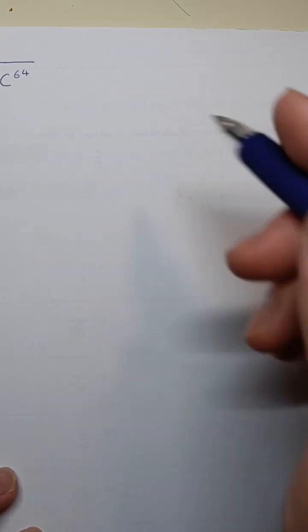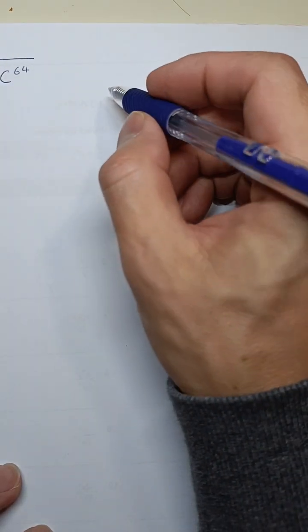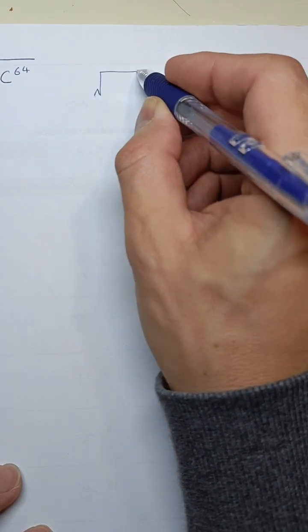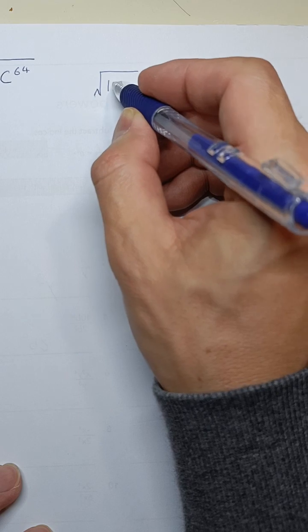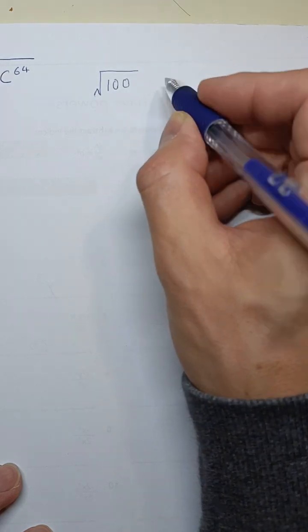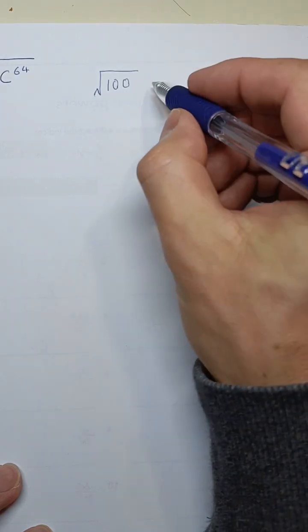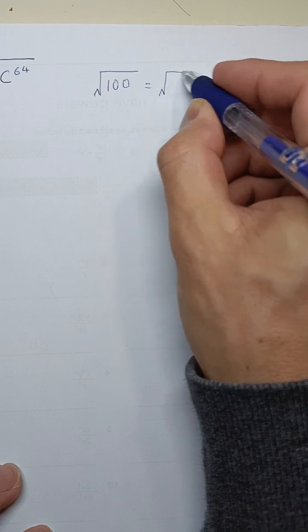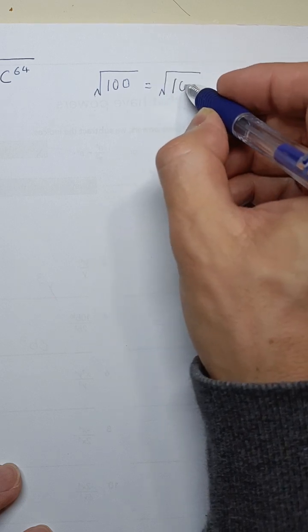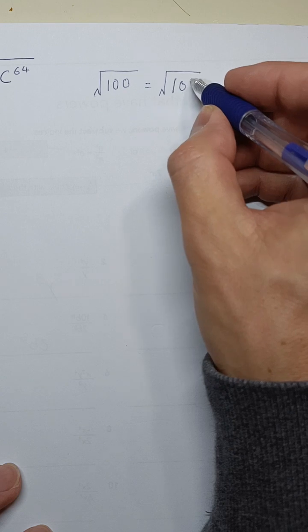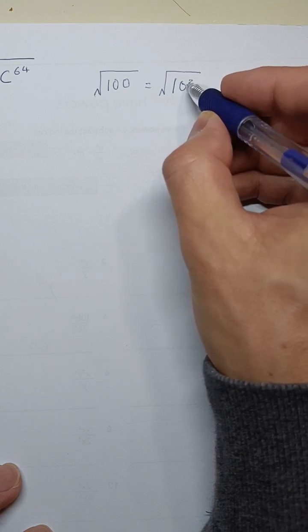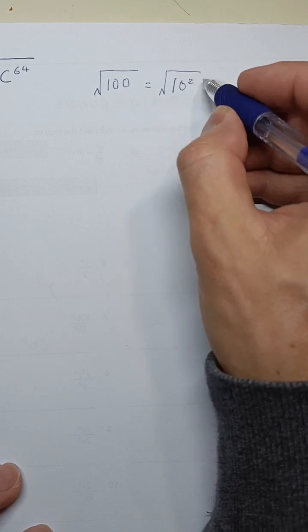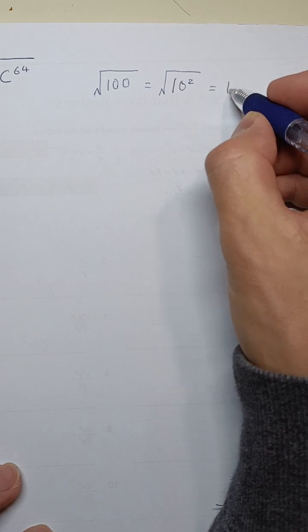Number part, as probably a primary school student can find the answer for this one as well. So square root 100 means square root 10 squared, which is 10.